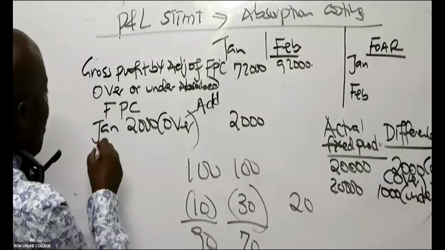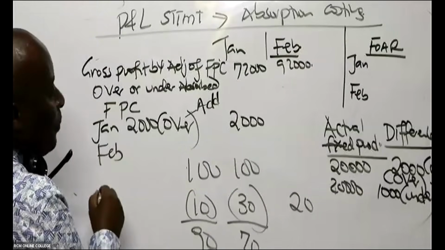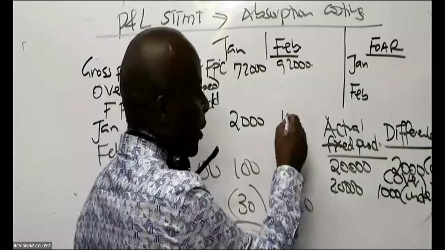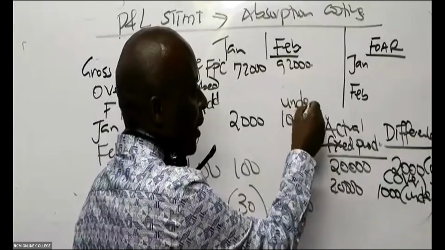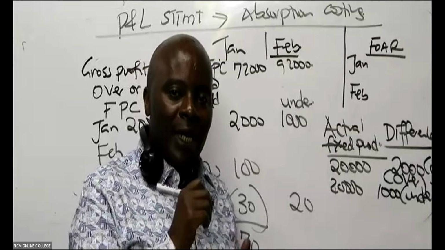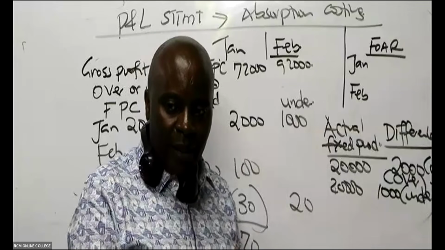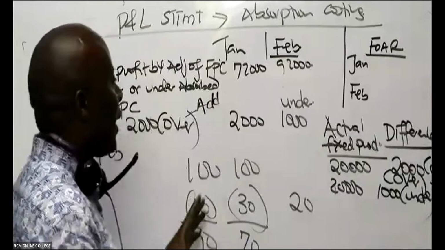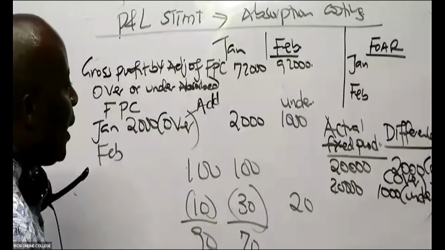And then now we have February. So February, how much? February is 1,000. And it is what, somebody? It is under, isn't it? So whenever an expenditure is understated, what does that really mean here? Now, ladies and gentlemen, when it is under like this, what shall we do at the end of the day?